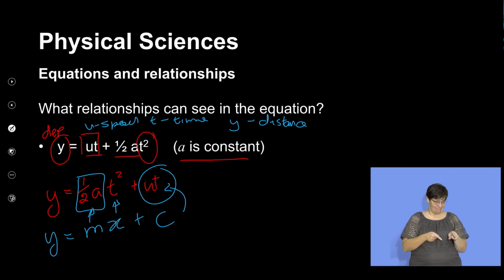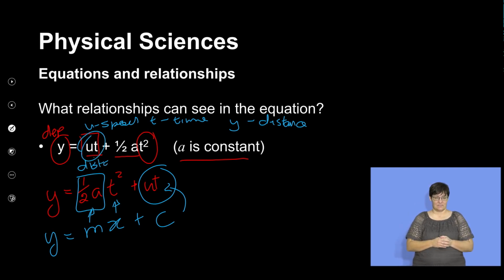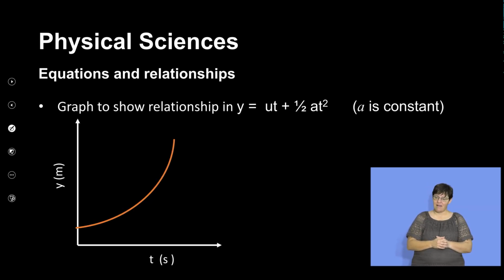So this factor here represents a distance. And so if we go to our graph, and remember this is a distance as well, then we'll see that y against t, we've got an initial distance that is put over there. That is representing distance.